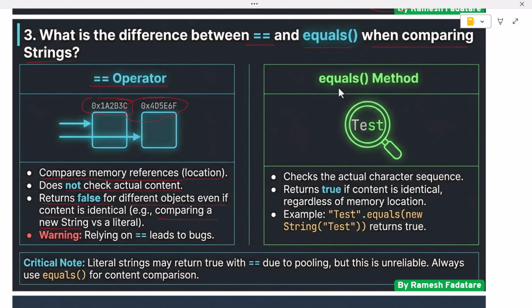The equals method checks the actual character sequence inside the string. If two strings contain the same characters in the same order, equals returns true regardless of whether the references are different. For example, this code returns true because the content is identical.